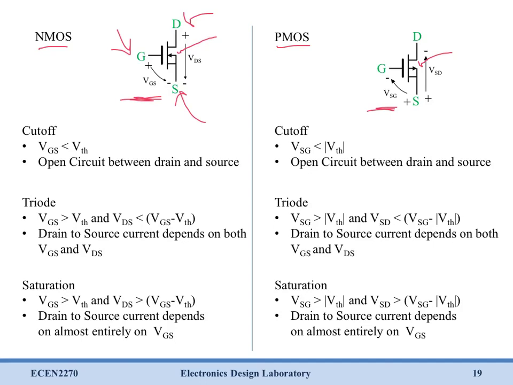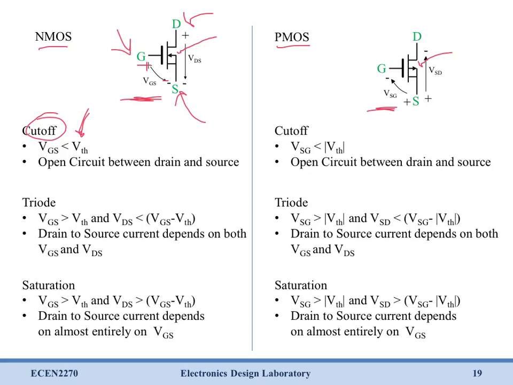The first region is cutoff. Now, in order for a MOSFET to do anything, VGS, so the voltage between the gate and the source, needs to be greater than what we call a threshold voltage. A threshold voltage will vary depending on what type of MOSFET you're using, but it's generally from below a volt to a couple volts.